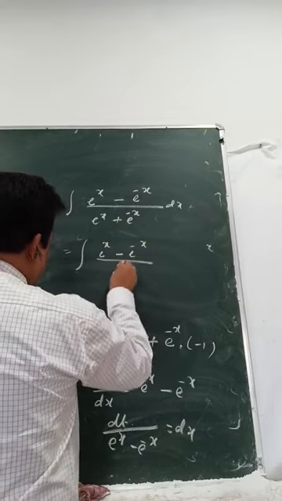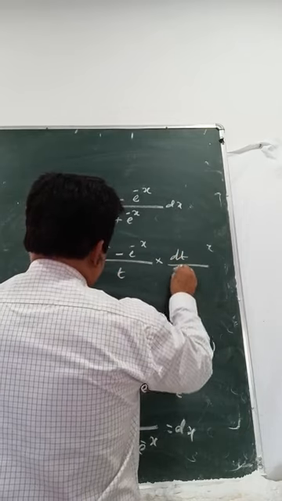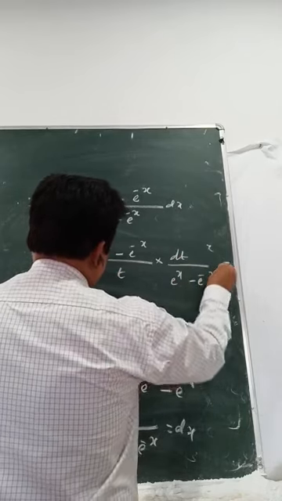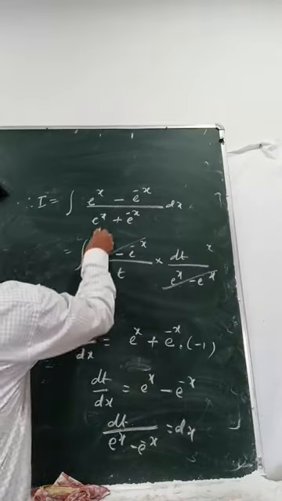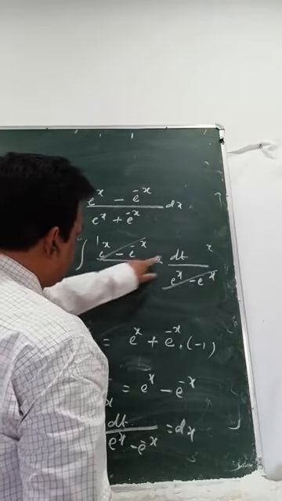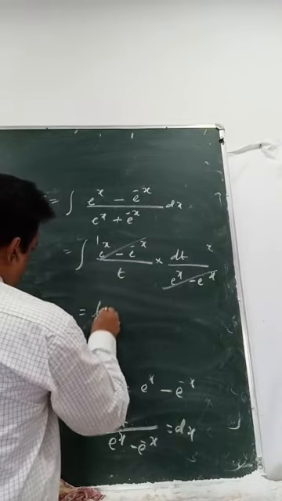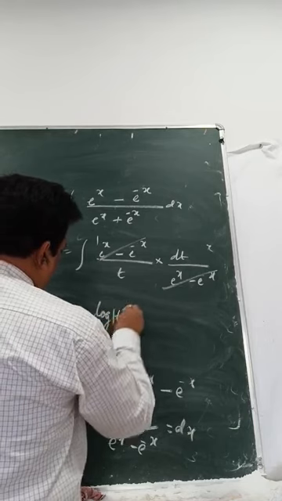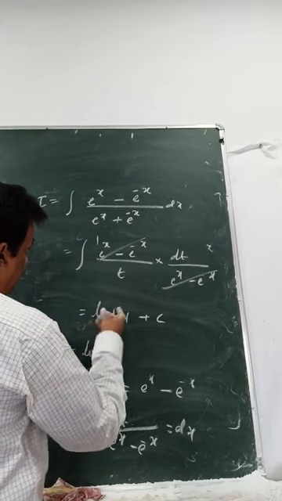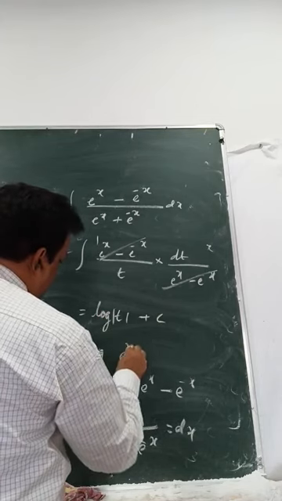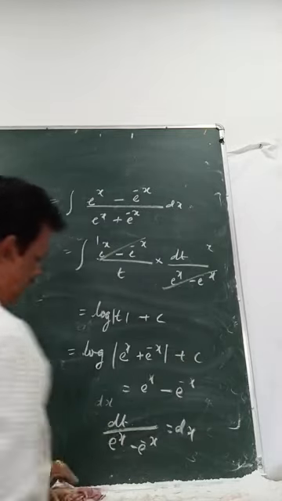This gets cancelled, so you get 1 here. So the integral of 1 by t is log t plus a constant. Now what is t? e to the power x plus e to the power minus x, plus constant.